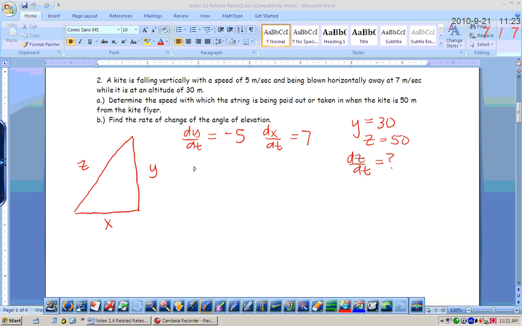All right, so once again, we're going to do x squared plus y squared equals z squared. Derivative: 2x dx dt plus 2y dy dt equals 2z dz dt.